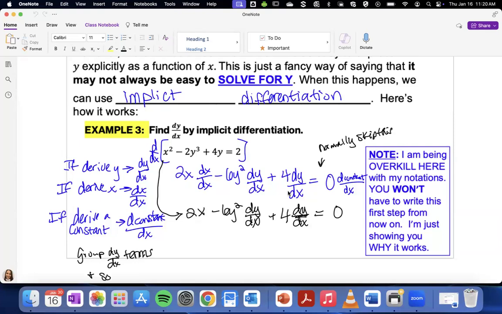Okay, I have a more explicit way to explain that coming up, but this is just to show you. So do you understand? I'm going to get this 2x on the other side. I'm going to subtract it over, right, to group those dy dx's. So I would have negative 6y squared dy over dx is equal to negative 2x.